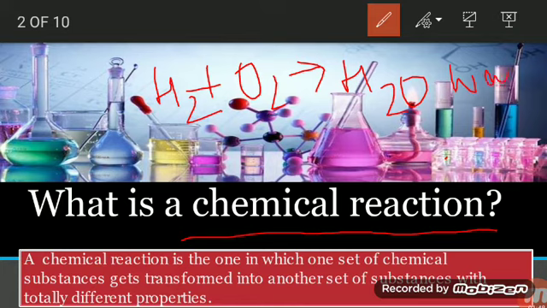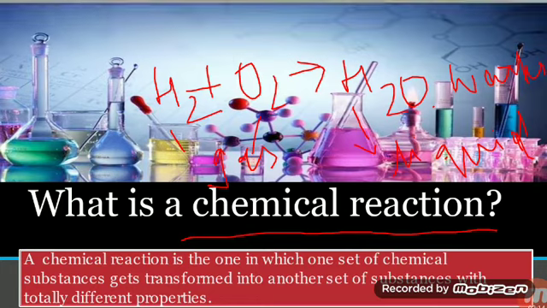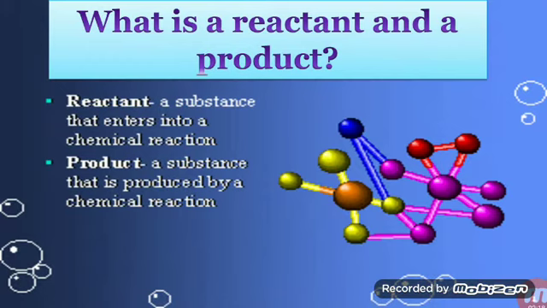Hydrogen and oxygen are gases, and water, as we all know, is a liquid. Hydrogen and oxygen have different properties, and when we combine them together, they form water, which has completely different properties from hydrogen and oxygen, as per the definition.